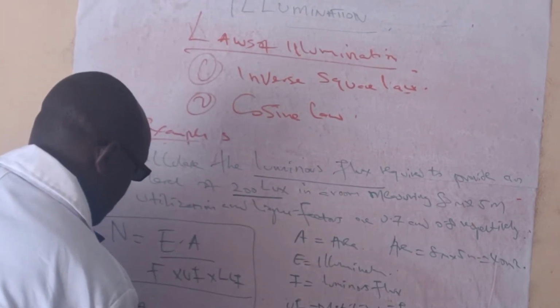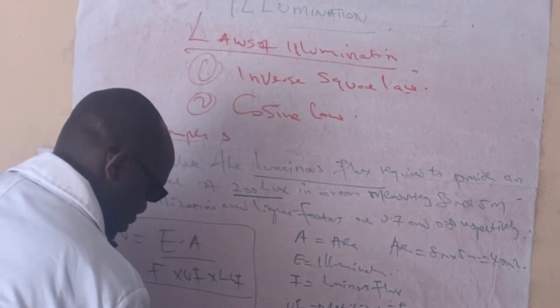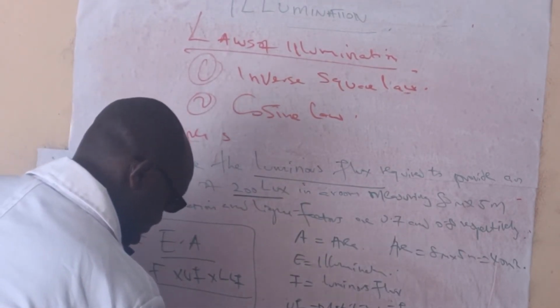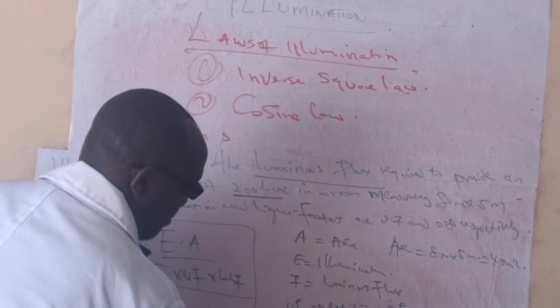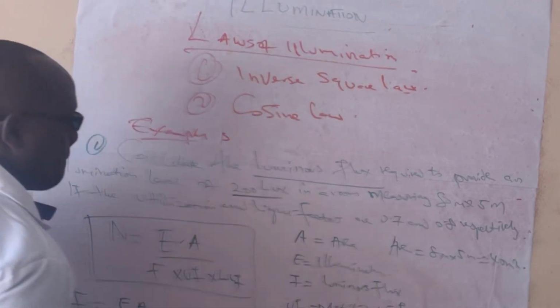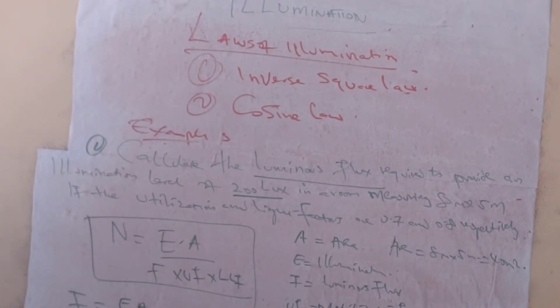From your calculator, you should get something like 14,285.71 lumens.